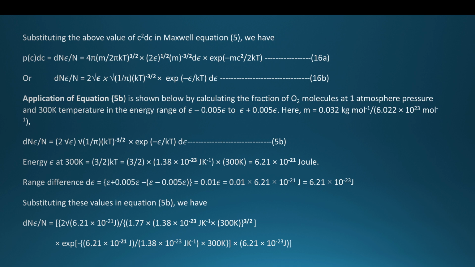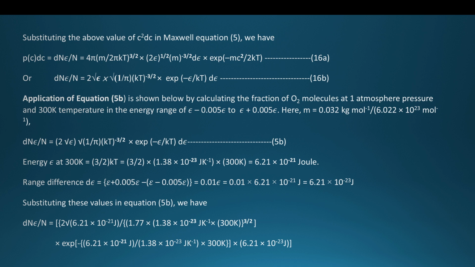A numerical problem showing the application of this equation has been included here. For O2 molecule at 1 atmosphere pressure and 300 Kelvin temperature, we have calculated the fraction of molecules having energy in the range epsilon minus 0.005 epsilon to epsilon plus 0.005 epsilon.